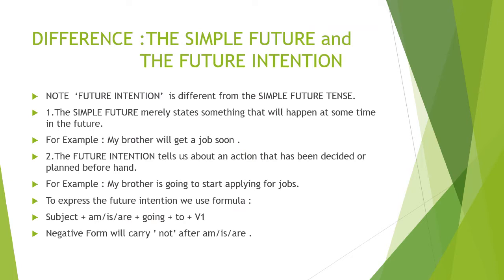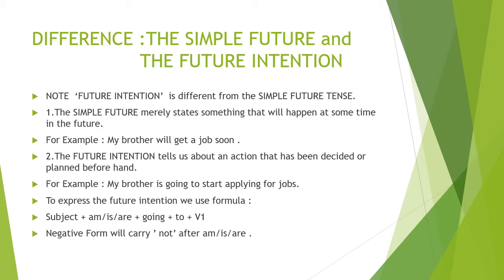Children, I want to share one more very important thing here. Sometimes we use simple future and at the same time we talk about future intentions also. So you must be thinking and you may be confused about what is the difference between simple future and future intention. Let us have a look here. Note, future intention is different from the simple future tense.